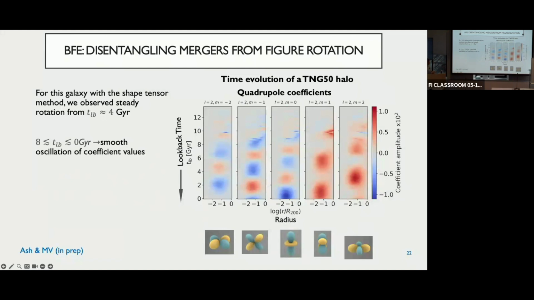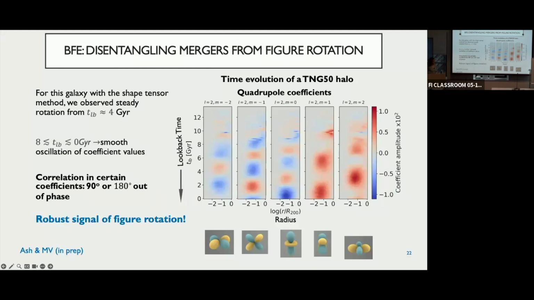It doesn't start much before that, but you see these coefficient values oscillating in different components. They're out of phase, which you expect because, if you look at the shapes of those coefficients, some of them have low amplitude when the others have high amplitude. So it's clear that this system, which we already knew had figure rotation, shows a clear signature of figure rotation with these basis functions.